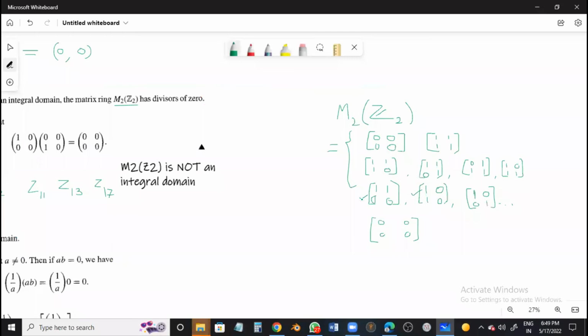So you observe that the product of these two matrices is a zero matrix. Apart from having them to be non-zero, their product happens to be 0, and that is why this M2Z2 is no more an integral domain. Is this fine?